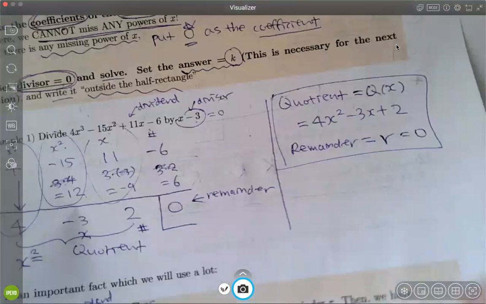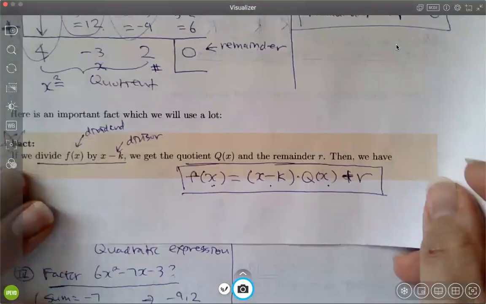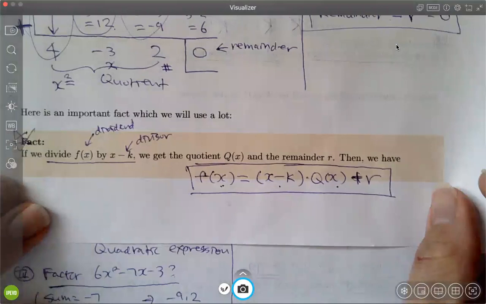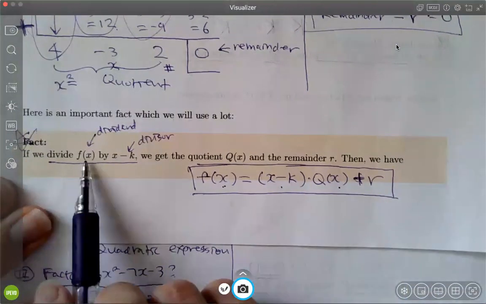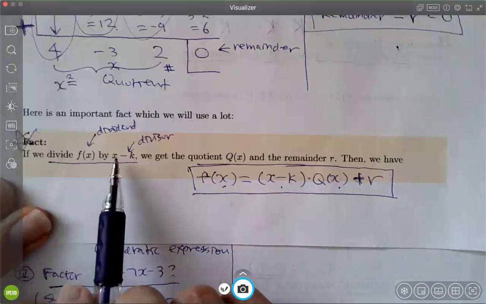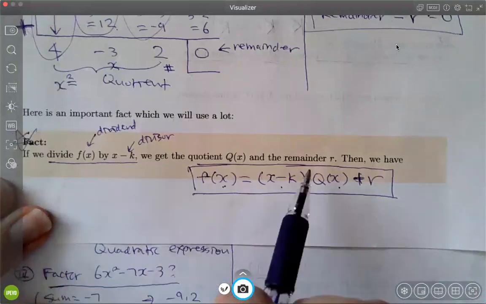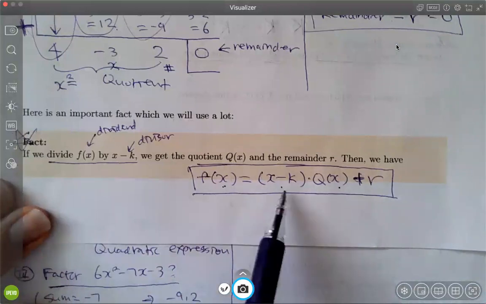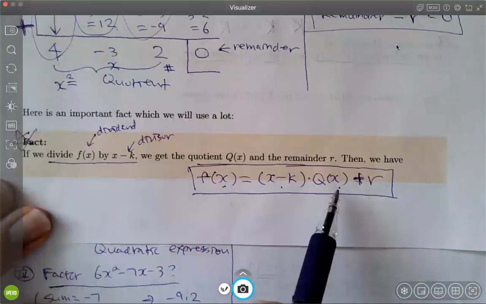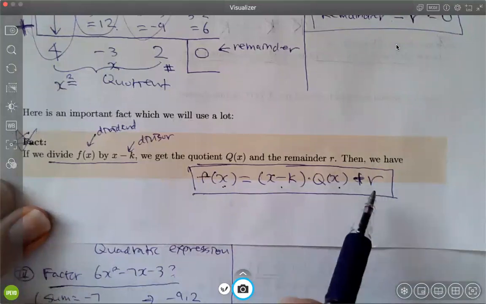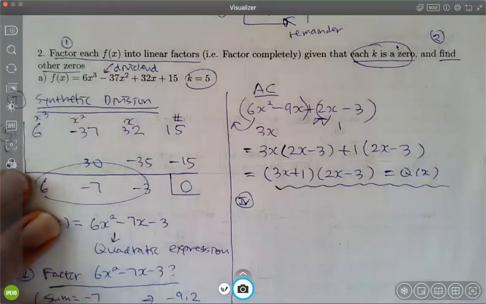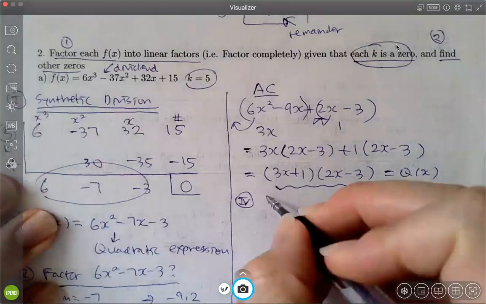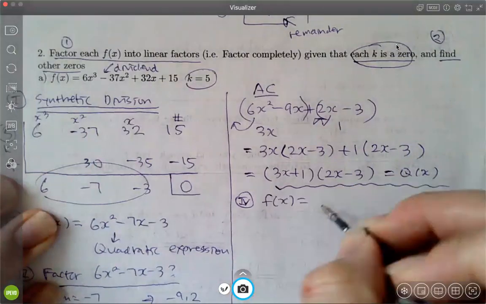Last time, remember, we had this fact. When we divide f of x by x minus k, we get a quotient and the remainder r. And so we have this: the dividend is equal to the divisor times the quotient plus the remainder at the end. So how can we apply this fact to this problem? We have f of x equals x minus k times q of x plus r.